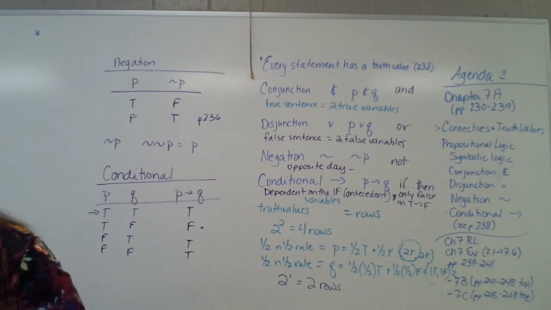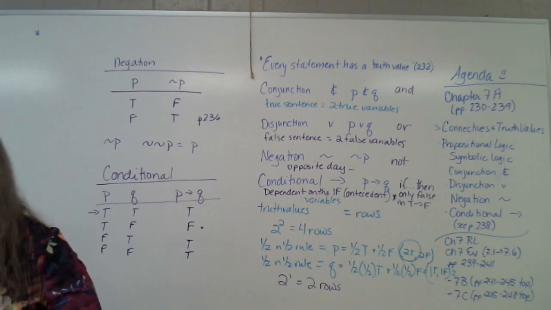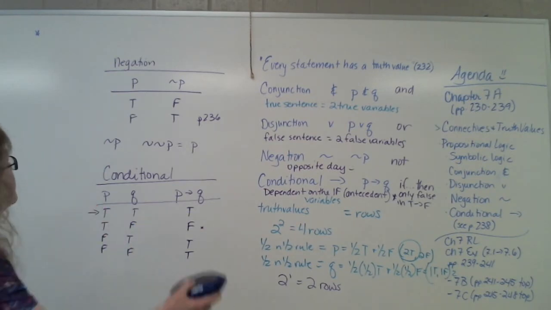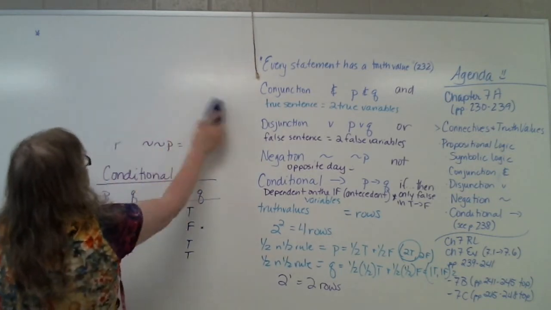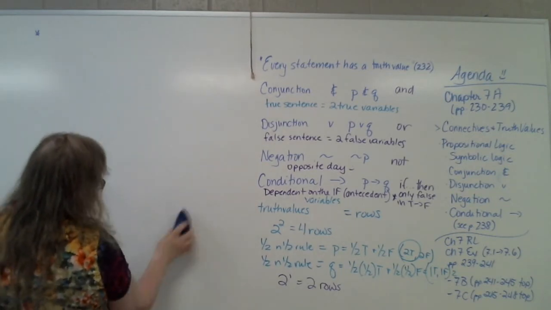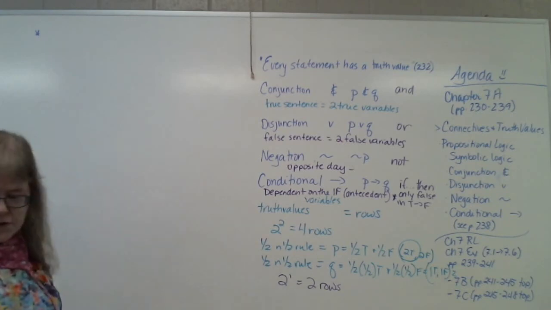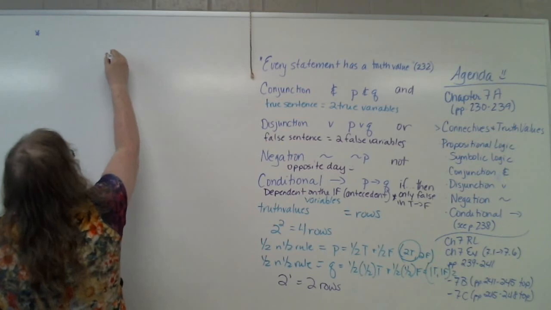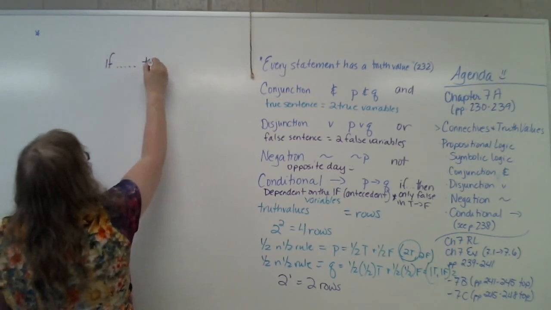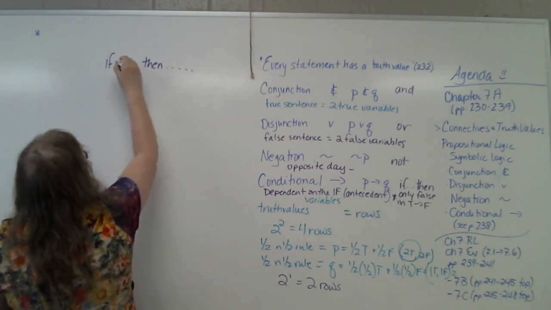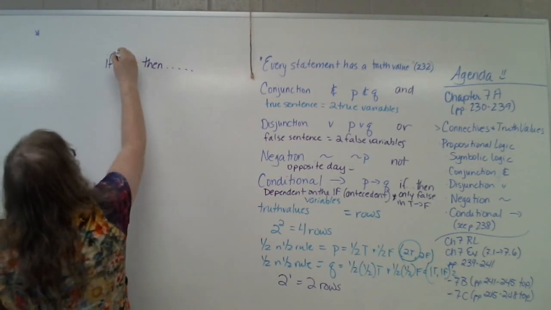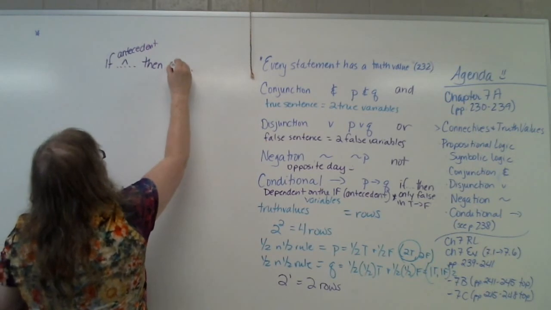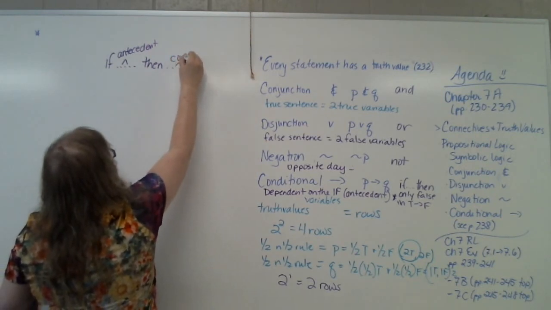Anyway, when we're looking at conditionals, our normal statement, and I'm going to write some of these up here because I want you to see how it works. On page 238, okay? So if we do if, then, this first part is our antecedent. This part is our consequent.